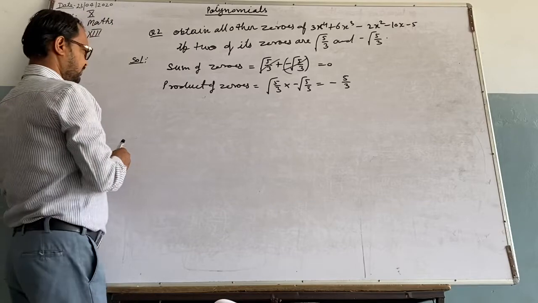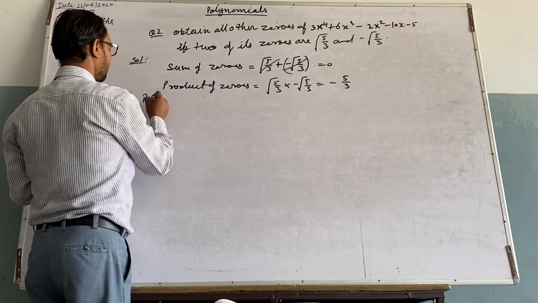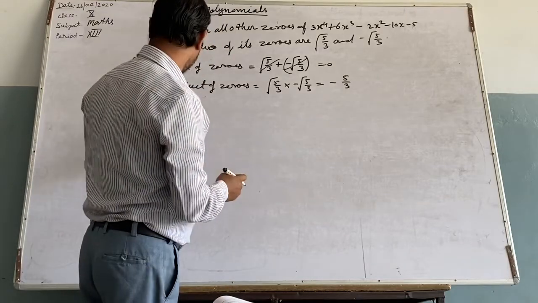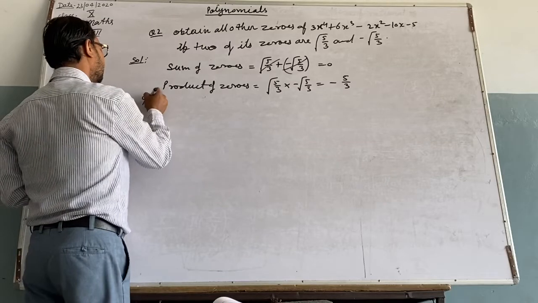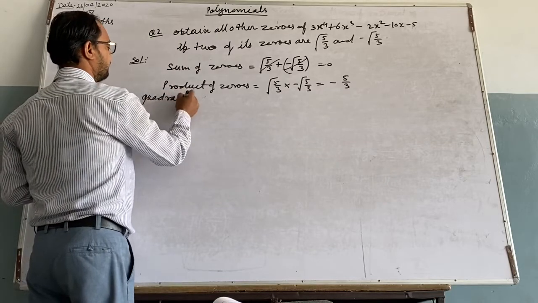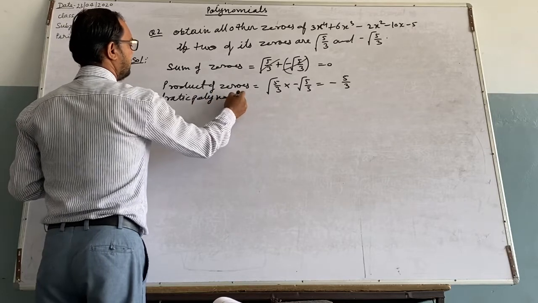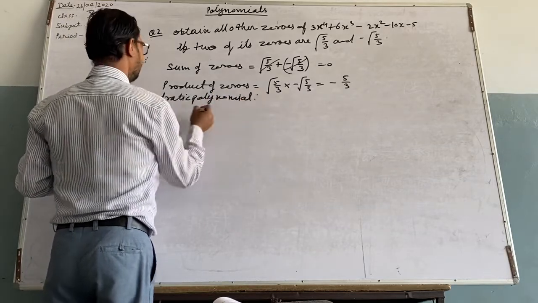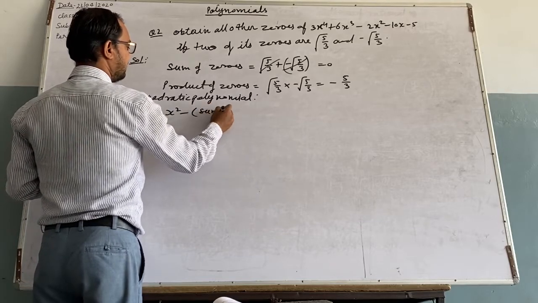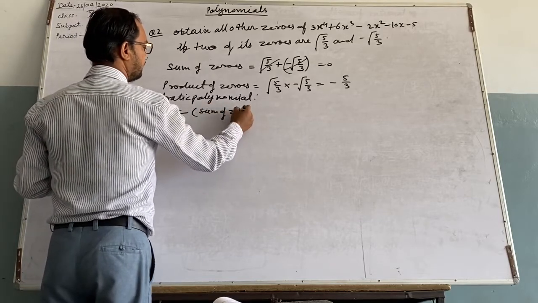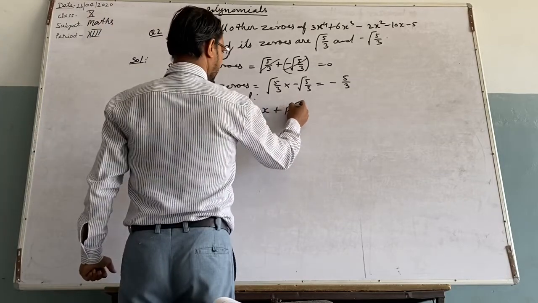Now make a quadratic polynomial. As we know this formula, x square minus sum of zeros into x plus product of zeros.